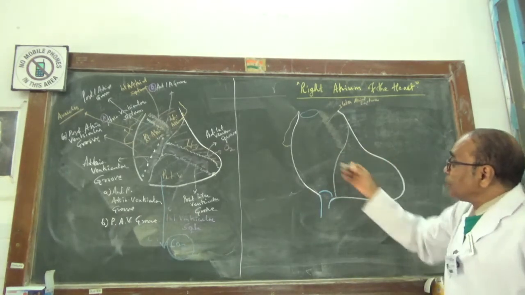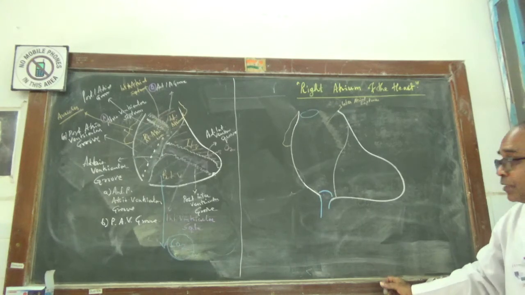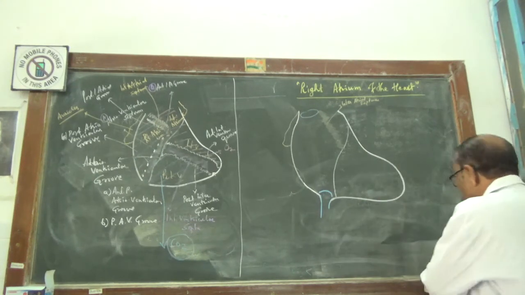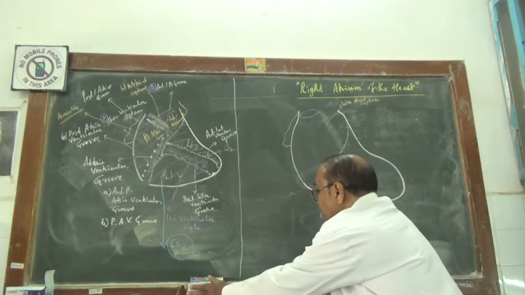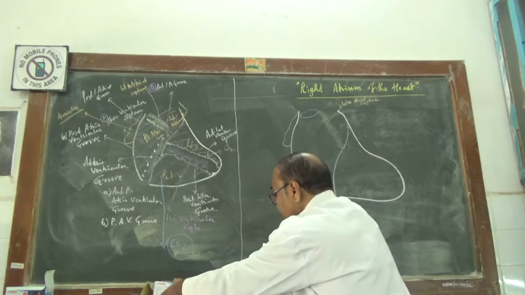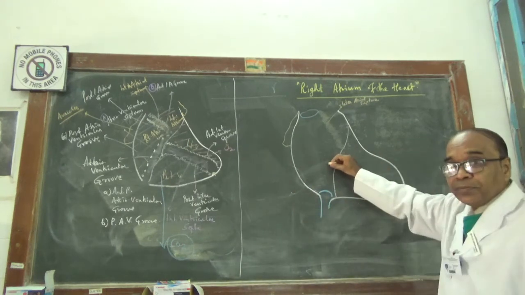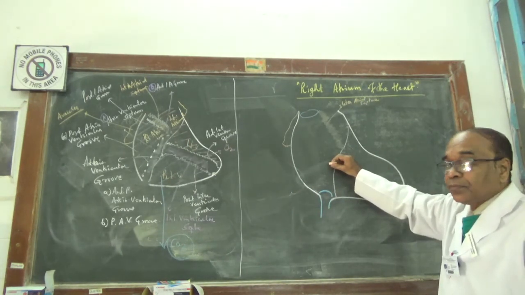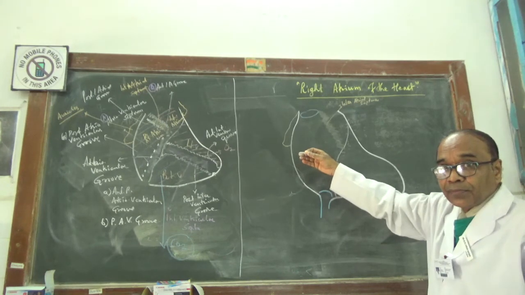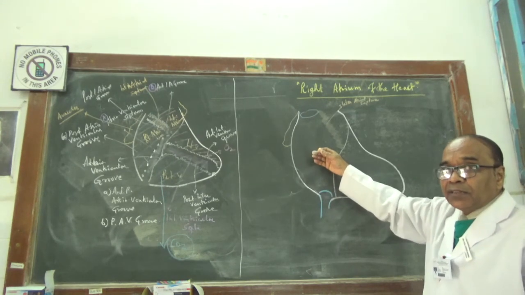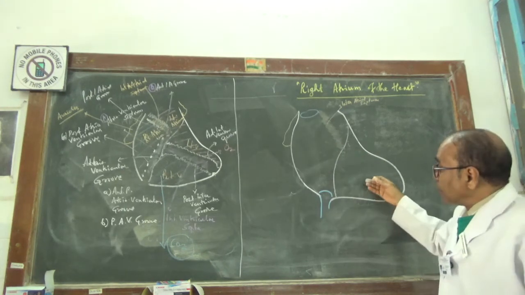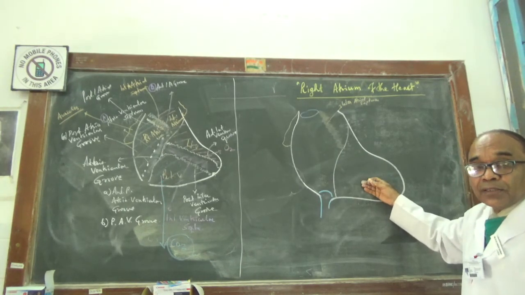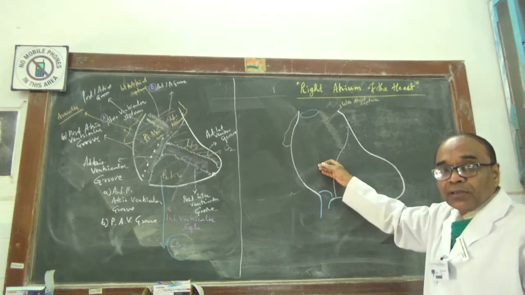Now here, the right atrium is placed just above, right, and a little in front of the right ventricle.